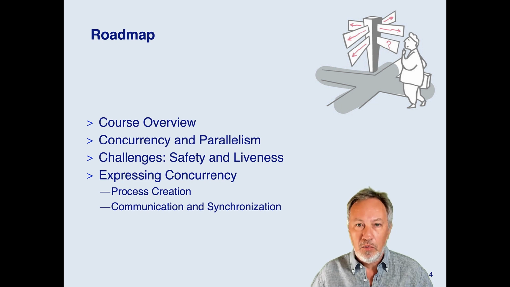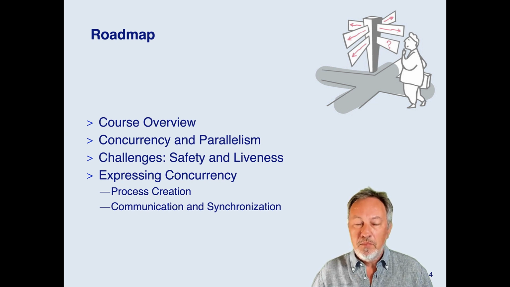Today, I'm presenting a quick introduction to the basic concepts of the course and what we'll be covering in the rest of these lectures. First I'll give you a very brief overview of the course. Then we'll have a quick look at what we mean by concurrency and how it differs from what we mean when we say parallelism.